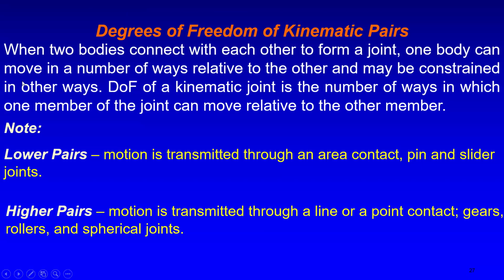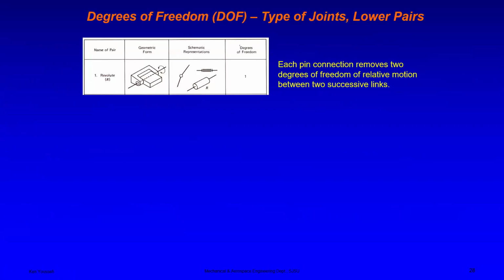Right. So now let's continue. The degrees of freedom for different types of joints is shown here. For the revolute, this is a geometric shape and this is the schematic diagram, and it has 1 degree of freedom.